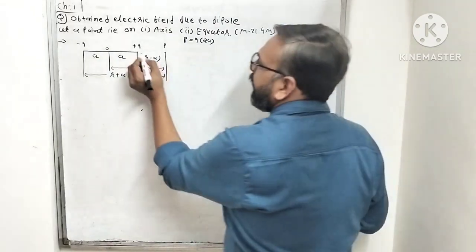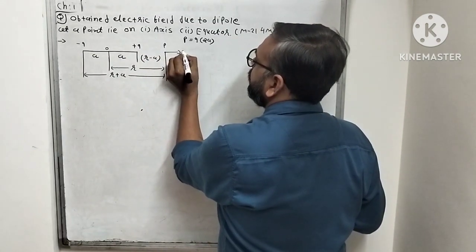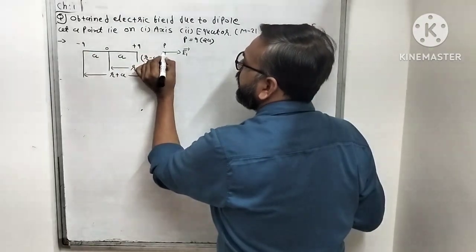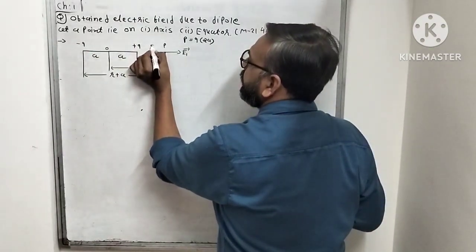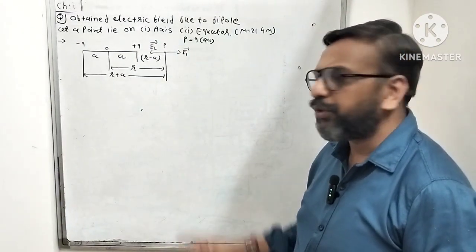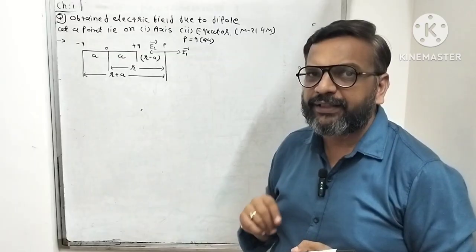As we know, the electric field due to the positive charge is outward, and the electric field due to the negative charge is inward. So the electric fields are in opposite directions, and we have to subtract them.